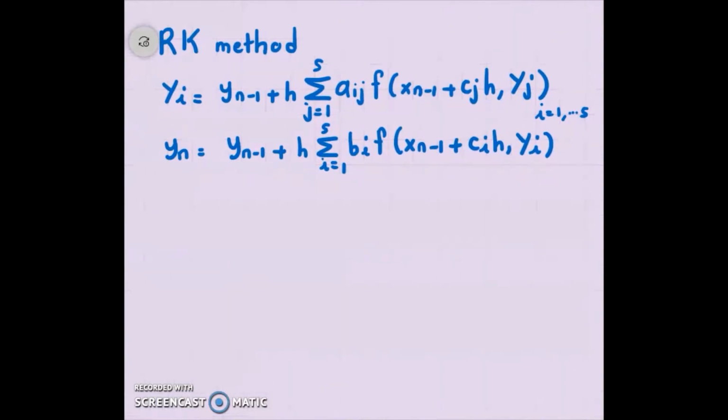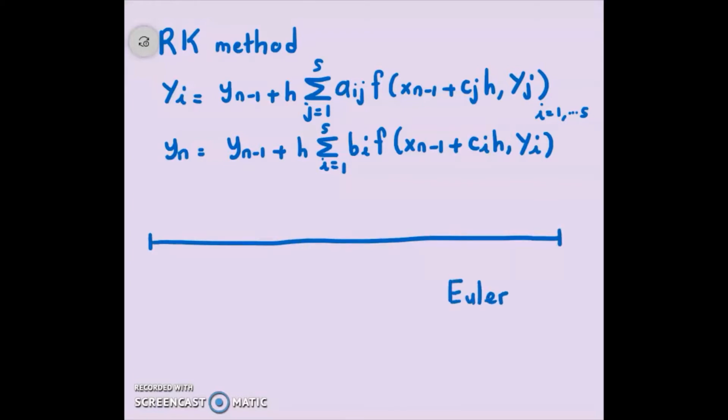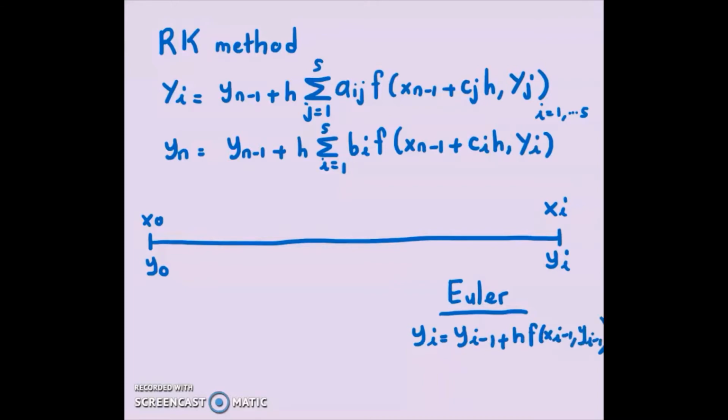It seems a bit complicated, right, with all these equations. But what Runge-Kutta does here is similar to the Euler Method. If you look at Euler, the Euler Method starts from x naught, y naught, and it wants to reach x_i, y_i, where y_i equals y_{i-1} plus h f of x_{i-1}, y_{i-1}.